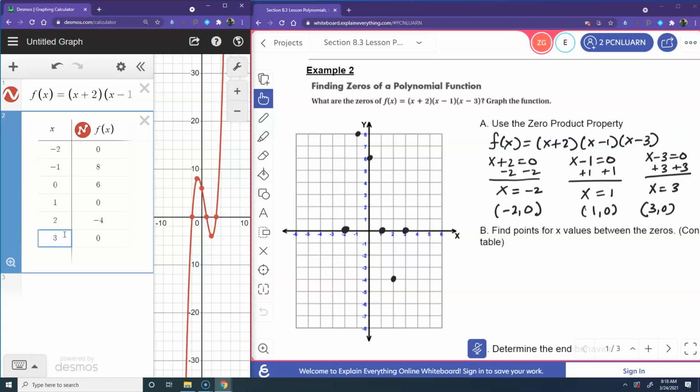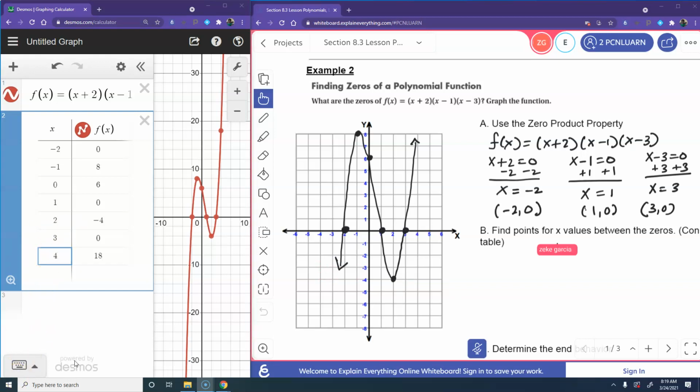We've already figured out the zero. The next one, we can say 4. 4, 18. So we know it's going to go something like this. Goes up, goes down, and it goes back up. So that's our graph there.